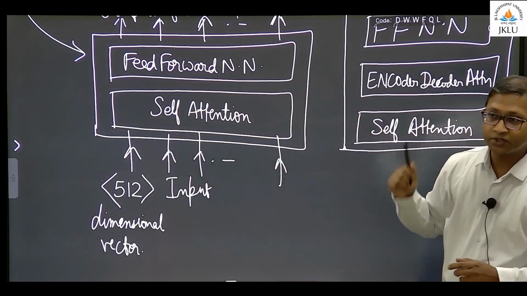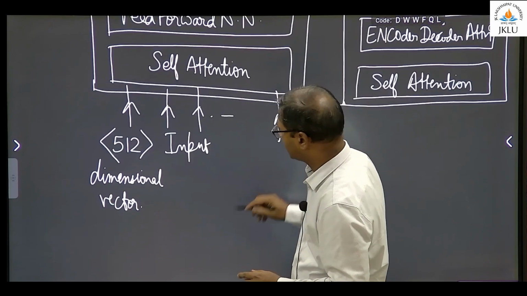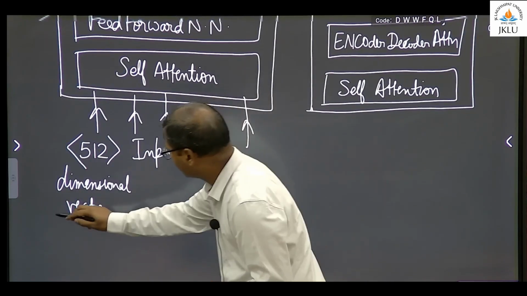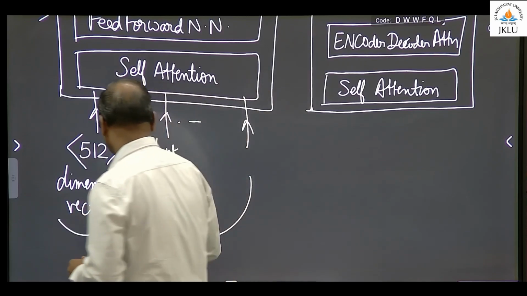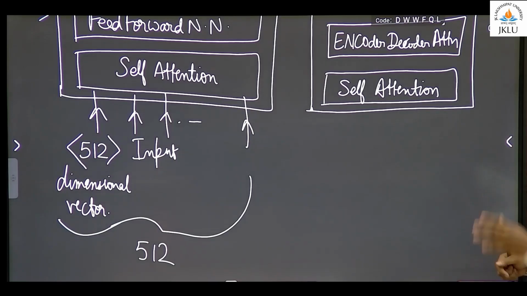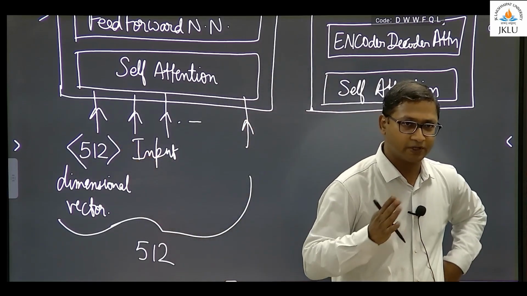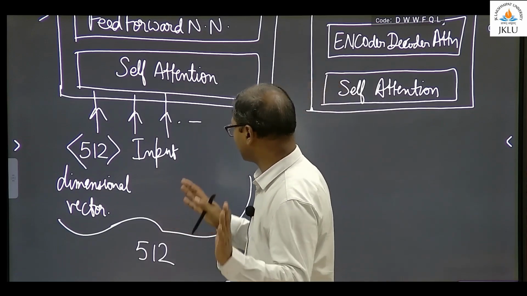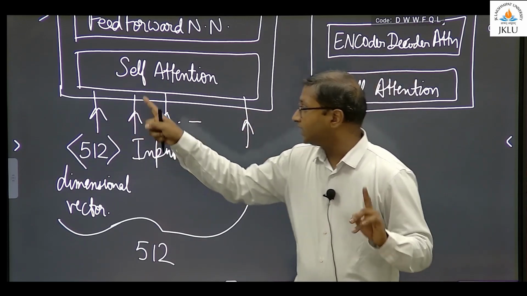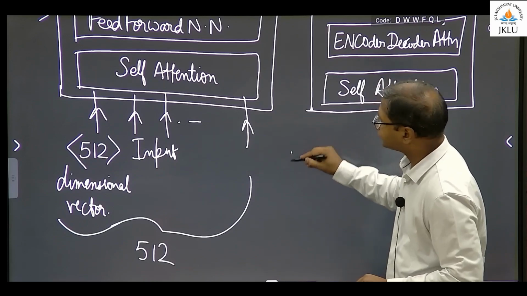How many such inputs? If I remember it right, you guys keep on confirming this, the total number of inputs was 512. Just make sure it is so. Even if it is not so, it does not matter. So how many inputs total? 512. Each input is how many dimensional? 512 dimensional. Okay. What happens here?